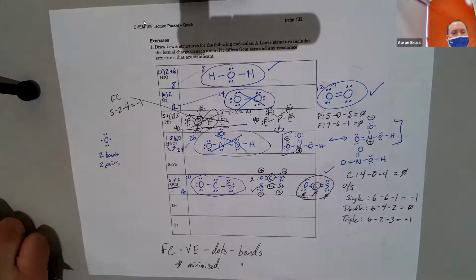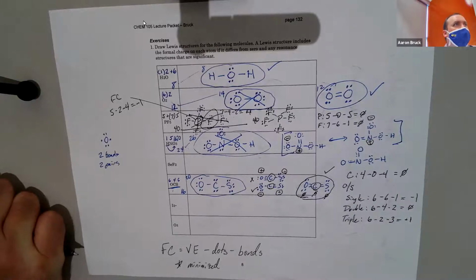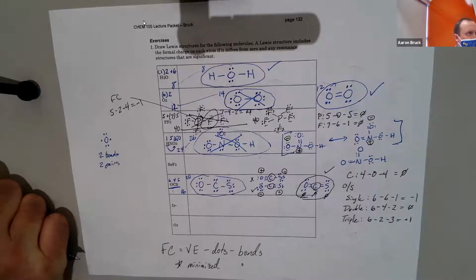And so there are occasions where breaking the octet rule makes a lot of sense. And formal charge is always the driving force for that. Doesn't matter if we're breaking the octet rule by going too high or by going too low. Formal charge is going to be the driving force in either direction.